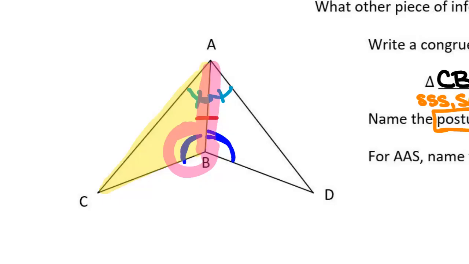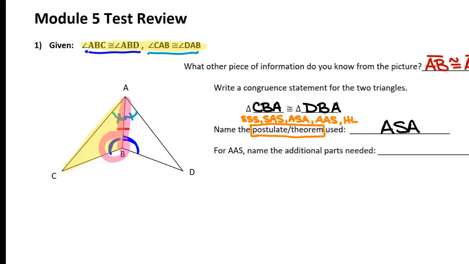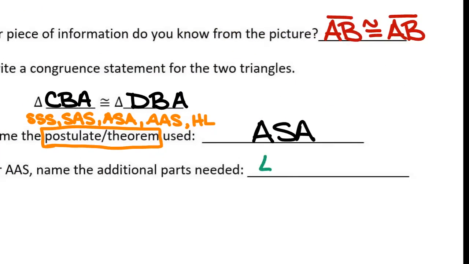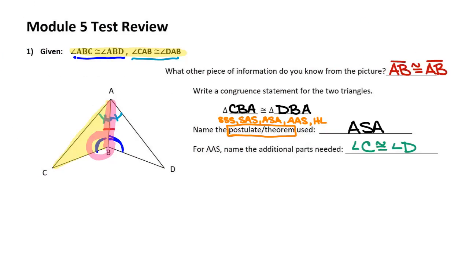Angle, side, angle has both sides of the line segment with marked angles. Angle, angle, side has an angle that does not touch my side. So which pair of angles would I have to say is congruent if I wanted to use angle, angle, side? Angle C is congruent to angle D, yes. Angle C is congruent to angle D.